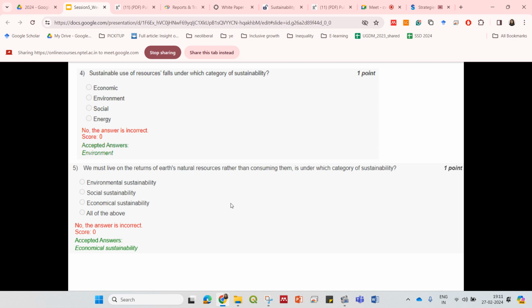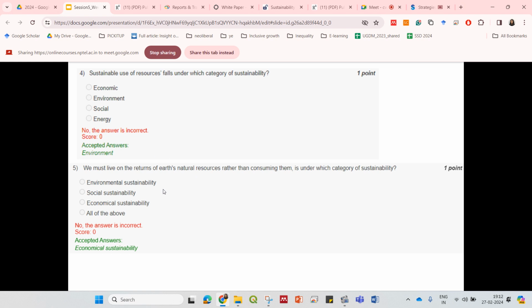So I explained that although we talk about resource sustainability in economic, environmental and social, all three kinds of sustainability, the way resource sustainability is framed in the question is different. This is the question which I shared with you, which talked about just the sustainable use of resources or natural resources, and that is why environment was the answer.